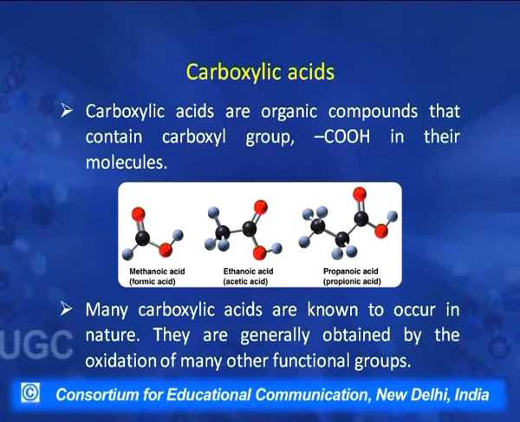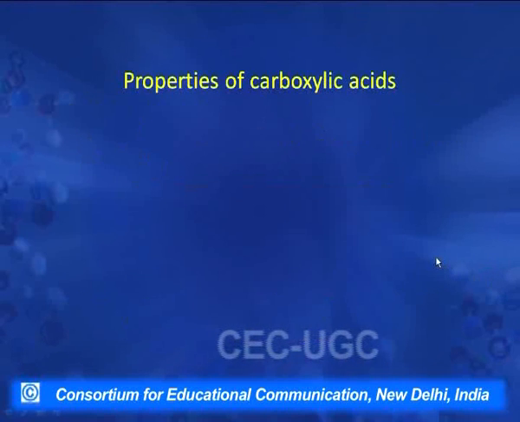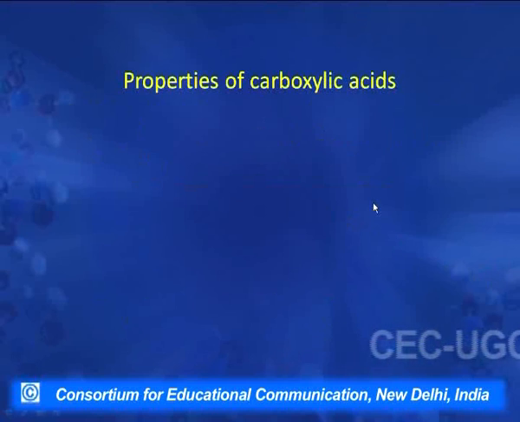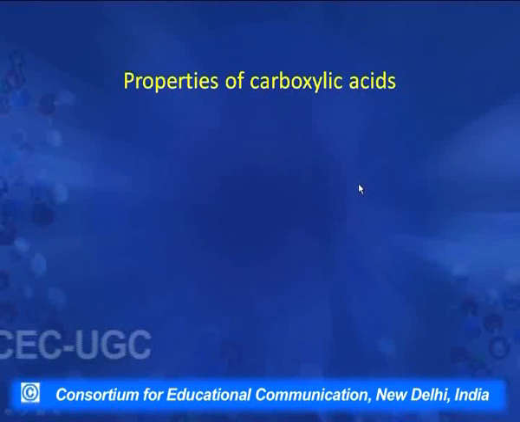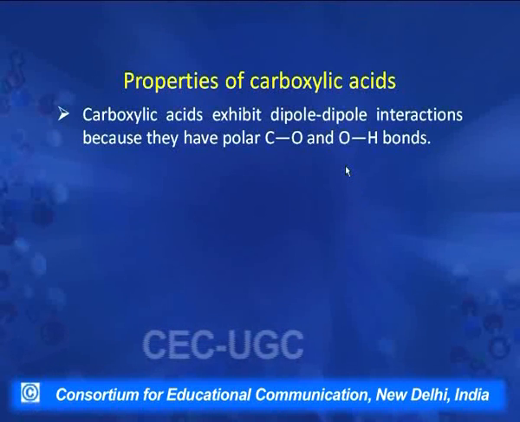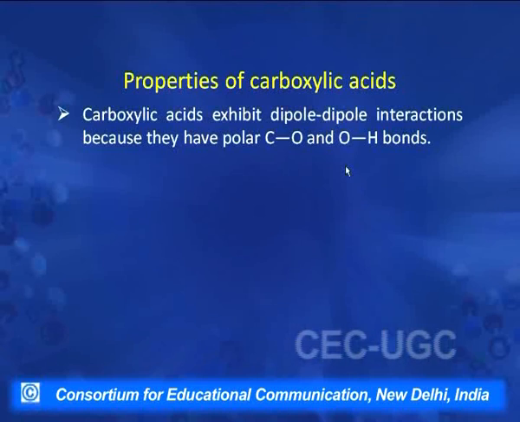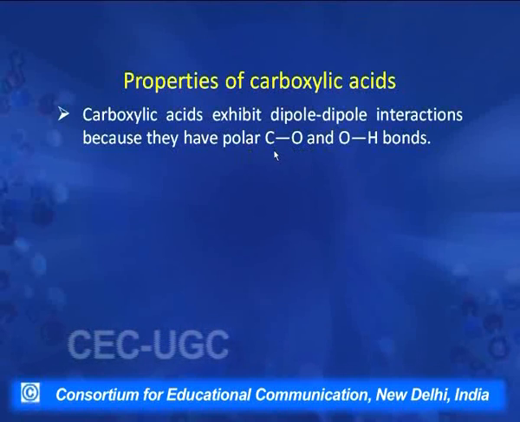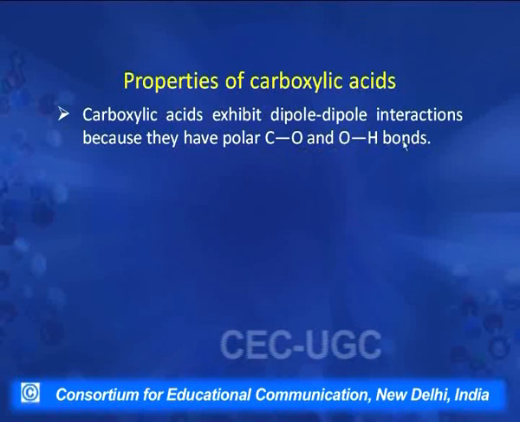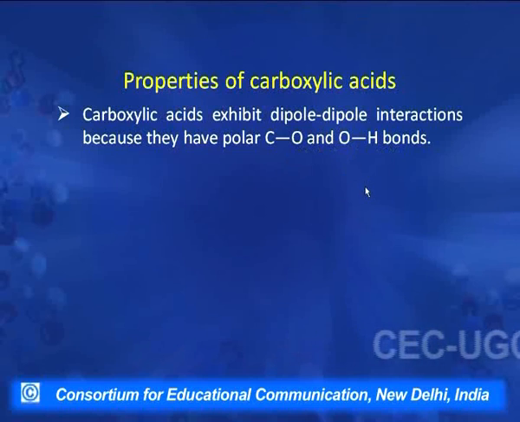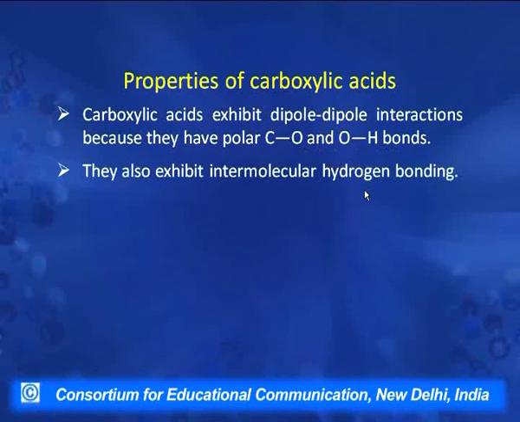Many carboxylic acids are known to occur in nature, and they are obtained by the oxidation of various other functional groups, because I discussed that this is the highest oxidation state of carbon in organic compounds. We also discussed that the physical properties of this class of compounds are due to the polar bonds present in it, that is the CO bond which is polar, and then the OH bond which is also polar, and they exhibit dipole-dipole interactions.